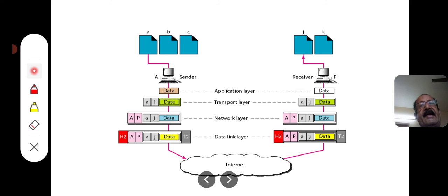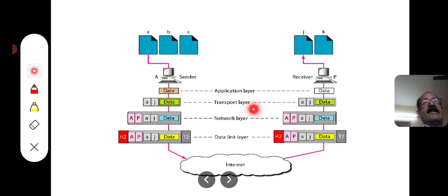Now the entire packet information is converted to binary and the bit pattern is sent on the internet to the other side, the data link layer of the receiver. There the data link layer identifies the sender and receiver addresses.